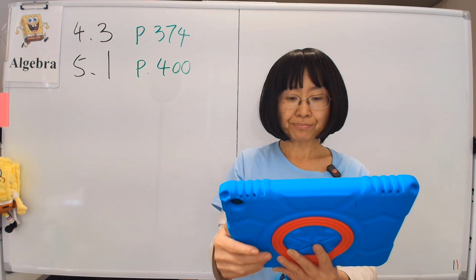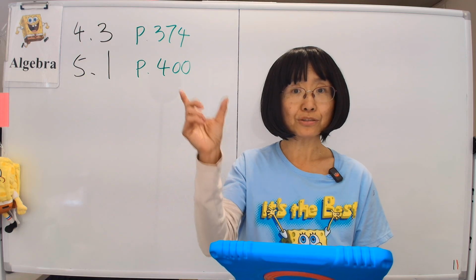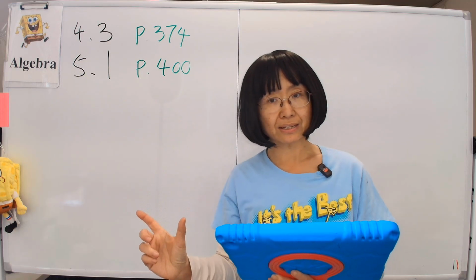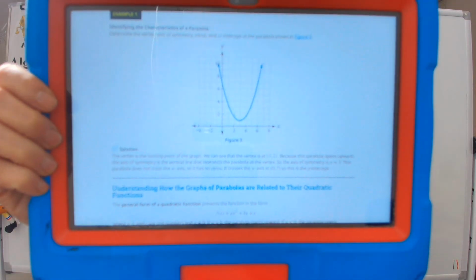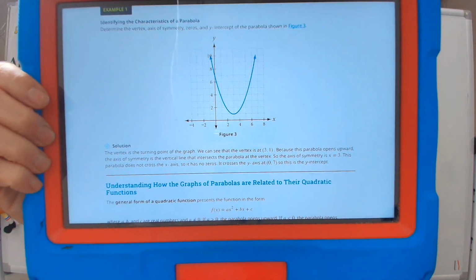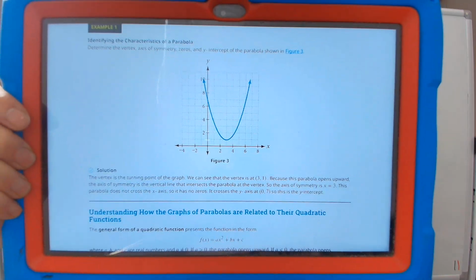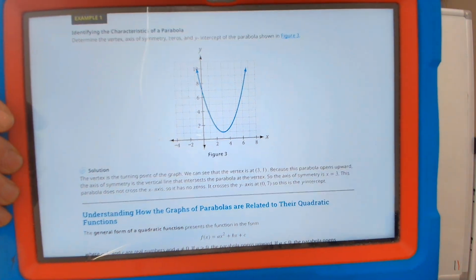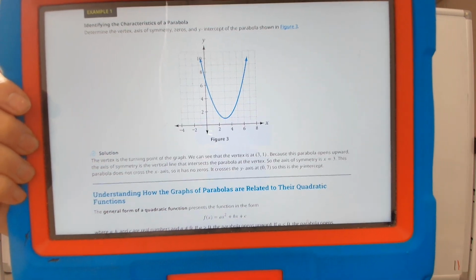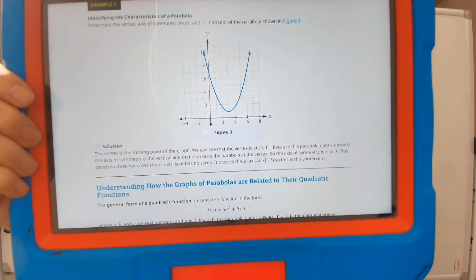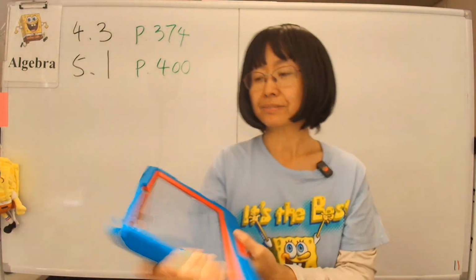Another thing you might notice is the parabola is too high in the sense that it doesn't cross the x-axis. It's floating up there. If it doesn't cross the x-axis, it has no real roots. It still has complex roots, as we might remember from the past, but right now we only care about the real roots, and it has no real roots because it's too high up.